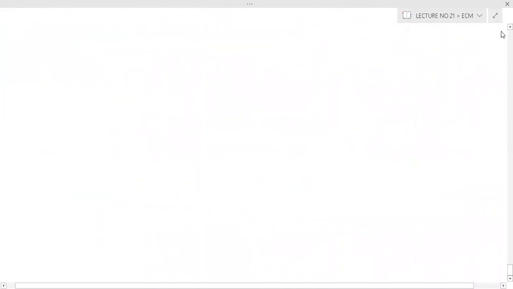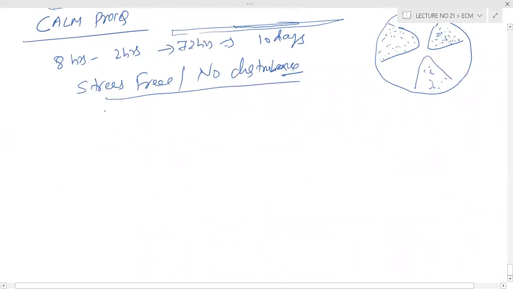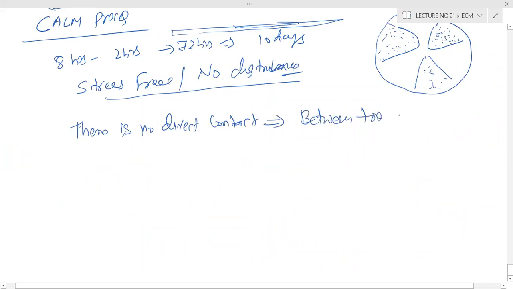So what are the applications? There is no direct contact between tool and workpiece. Again, an advantage.